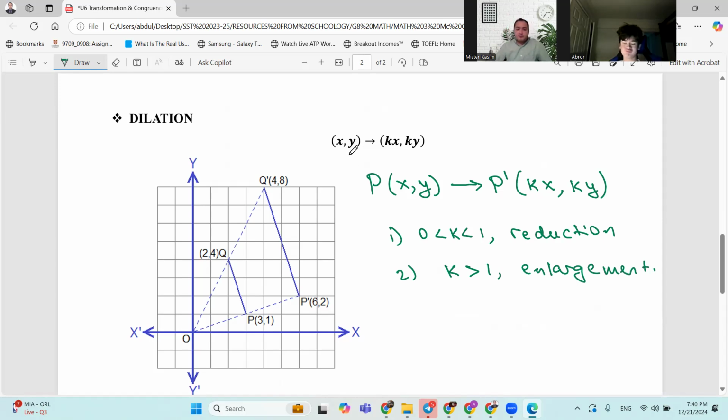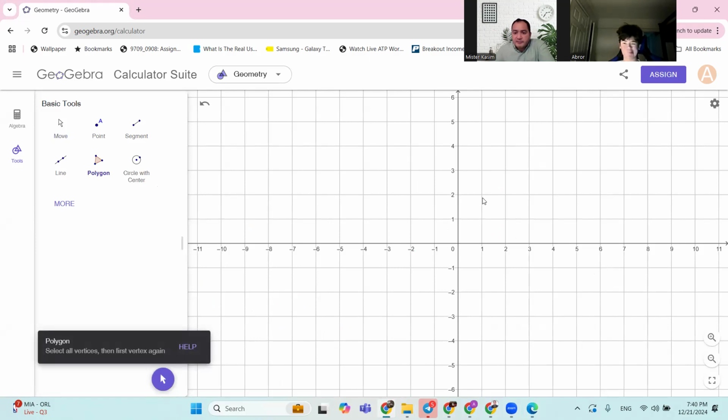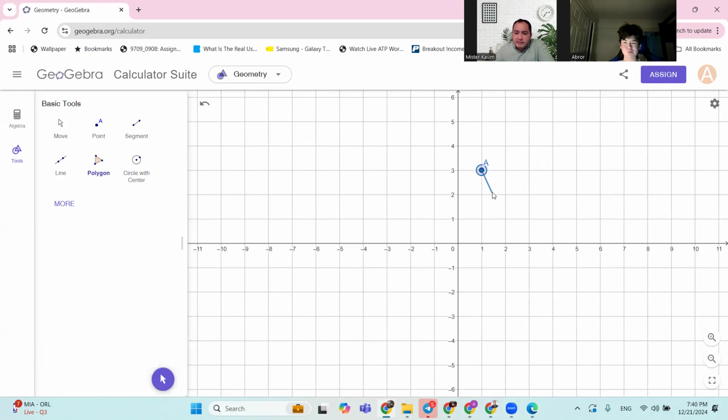For example, suppose that we are given one figure, and let me just draw one triangle. Okay, so that's a triangle.